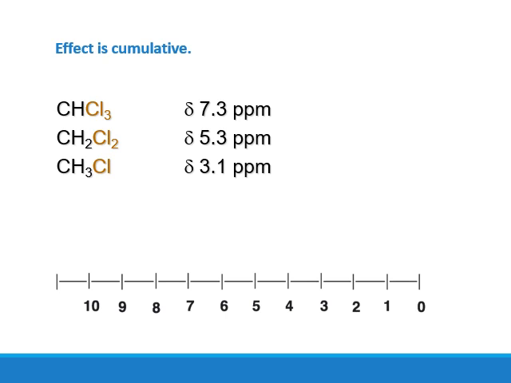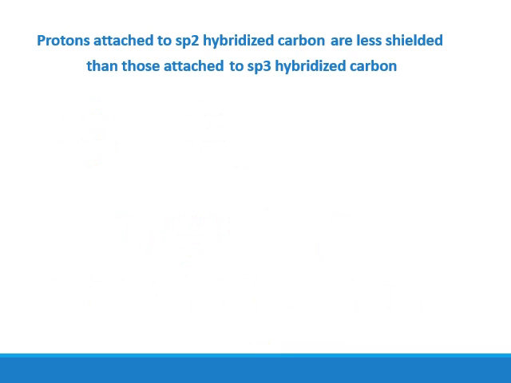In addition, you can have several electronegative atoms. When the number of electronegative atoms increases, the shielding will be less and the chemical shift will be higher.